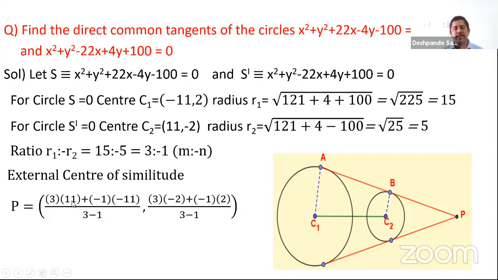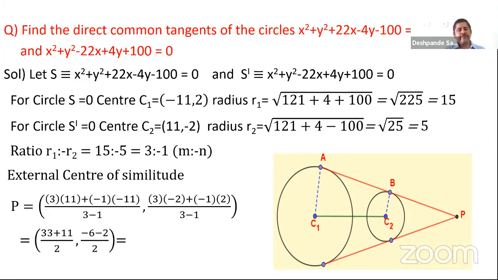Now 3 into 11 is 33 and minus 1 into minus 11 is plus 11. So 33 plus 11 is 44. And here 3 into minus 2 is minus 6 and minus 2. So minus 6 minus 2 is minus 8. So you get 33 plus 11 divided by 2 and minus 6 minus 2 divided by 2.